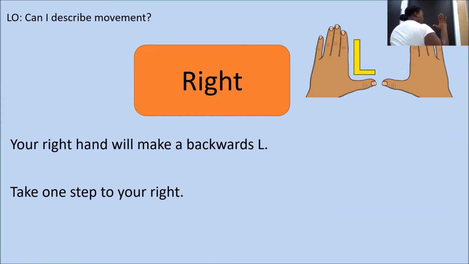It makes a bit of a backwards L. If you put your hands like this, the left side will be the good L, and the right side will be a backwards L. So I know that this is right because I can see a backwards L. So now I'm going to take one step to my right. Can you have a go and see if you can find out which one of your hands makes a backwards L, and then take one step to your right?